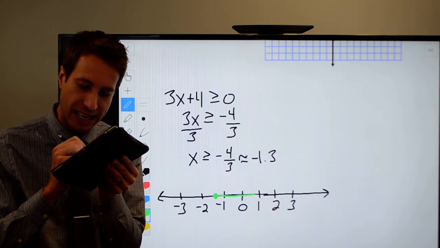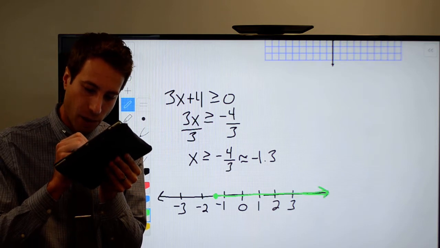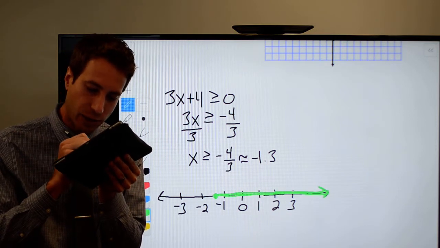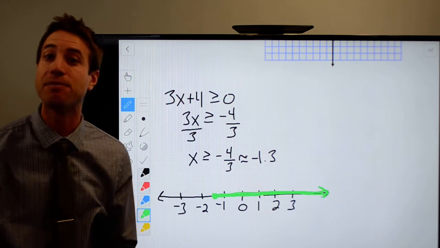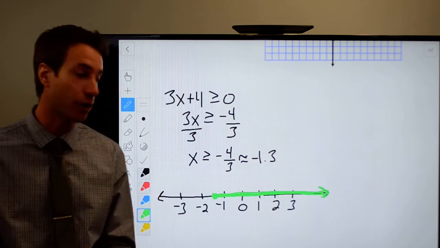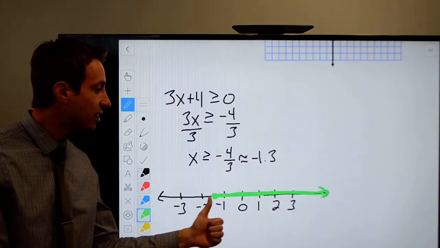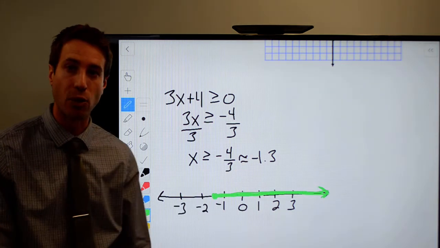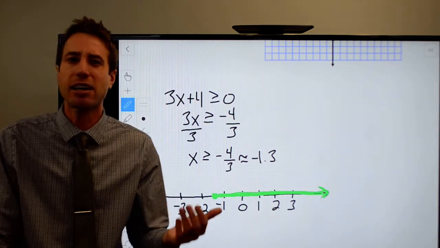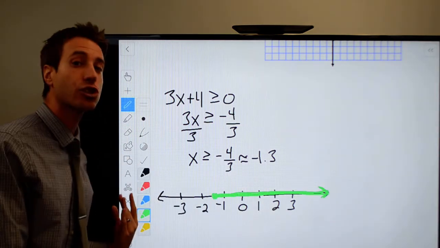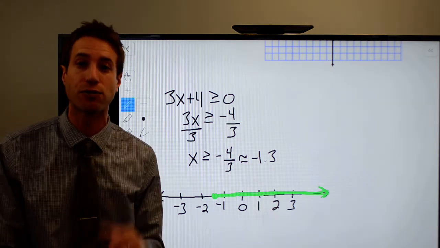So everybody headed in this direction is part of my domain. I can use any of those values I want to. They're all going to give me a positive value. Anybody less than negative 1.3 is going to give me the square root of a negative number, which is imaginary. I'm not going to graph imaginary numbers, so I exclude those values from my domain.